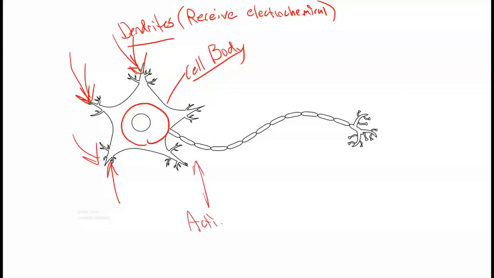And an action potential is basically a change in voltage that sweeps along the axon, and this is the way that these cells communicate. So this thing here is called the axon. It's this really long extension of a neuron, and it can vary in its length. It can be super long relative to the size of the cell.